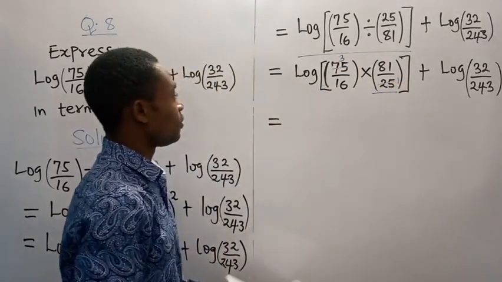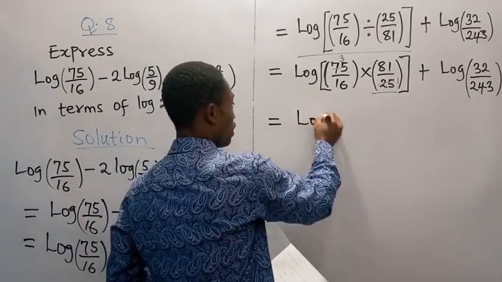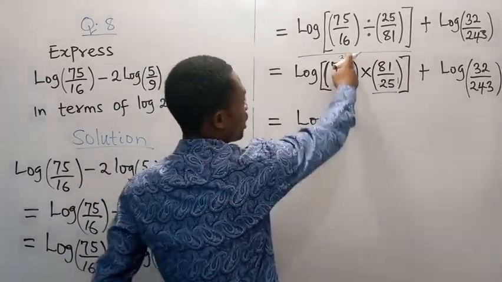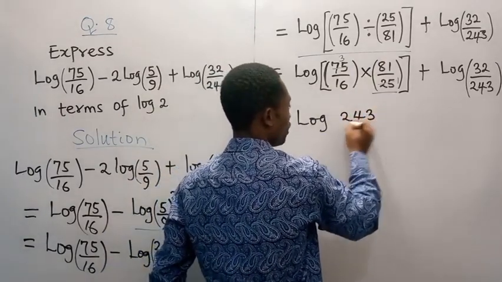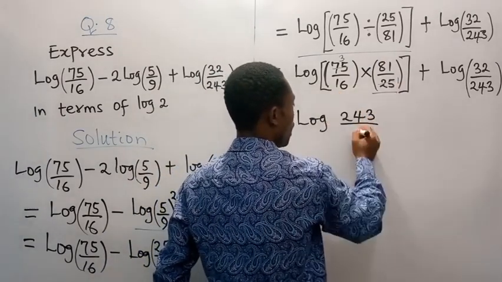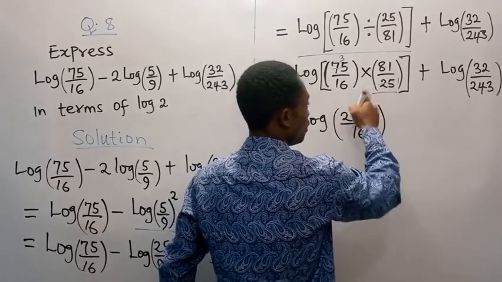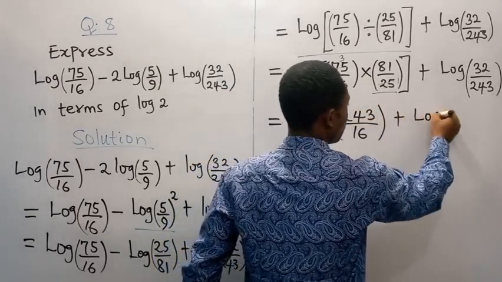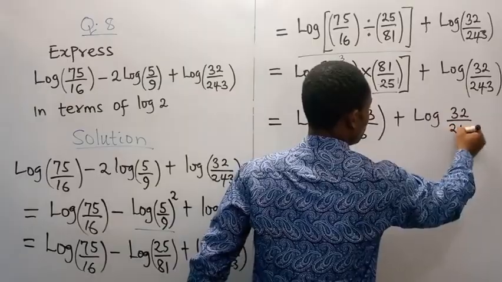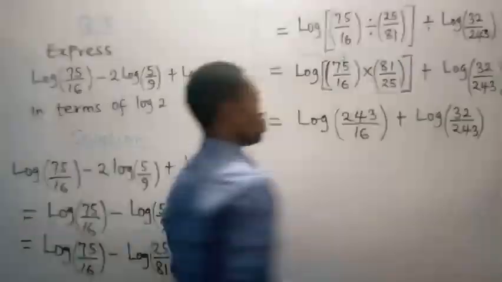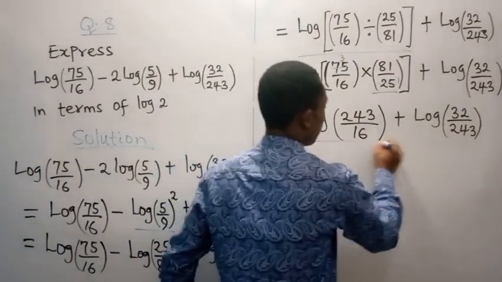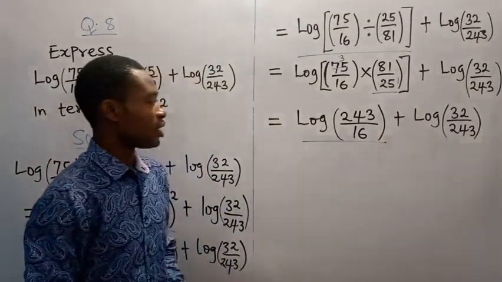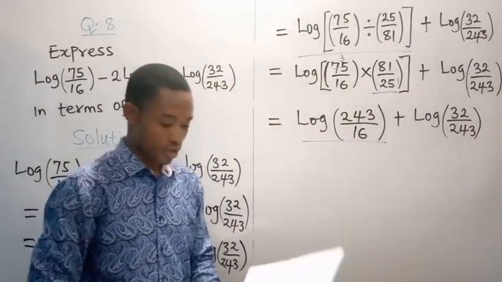So that this is now going to give us log, we have 3 times 81, and 3 times 81 is going to give us 243, all over 16 times 1, which will give us 16. This will be added to log 32 all over 243. And so we are expected to fix this. We are writing that in the box provided, so you take note of that.